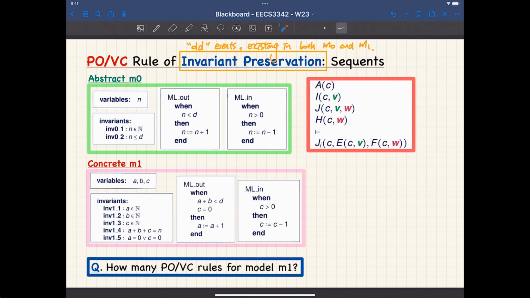So here we have, number one, the axioms that you have to put. The axioms are not really shown over here, but the axioms are actually shared by M0 and M1. We'll look them up a little bit later. And then over here we have the abstract invariants.